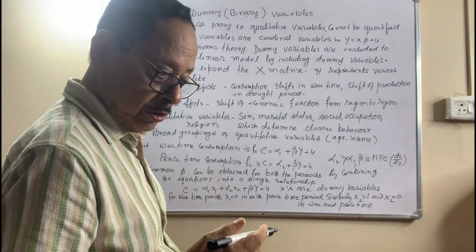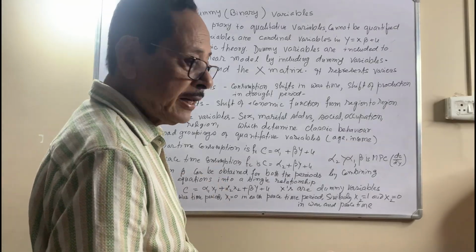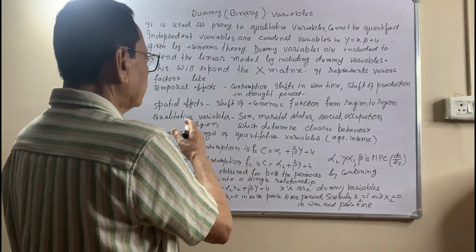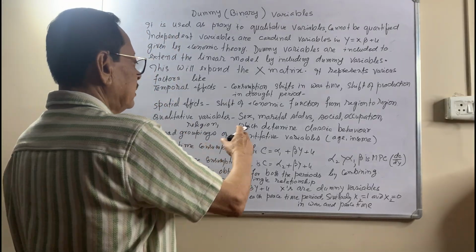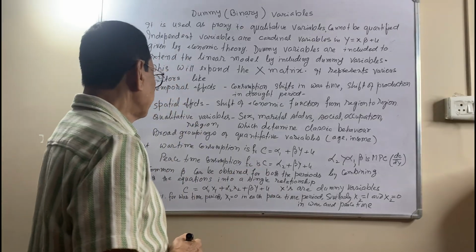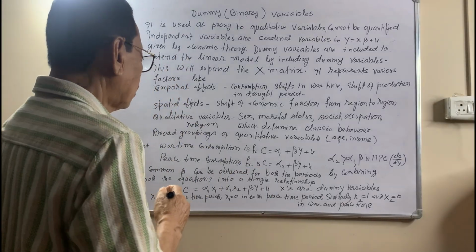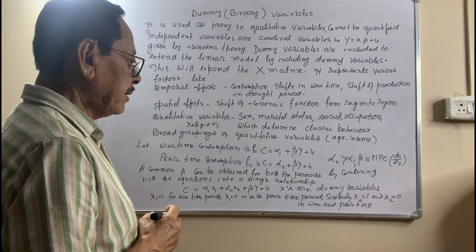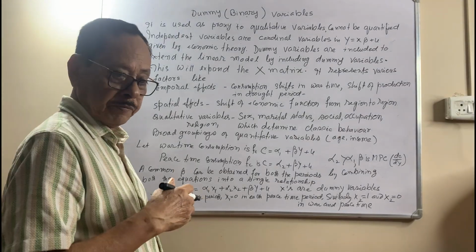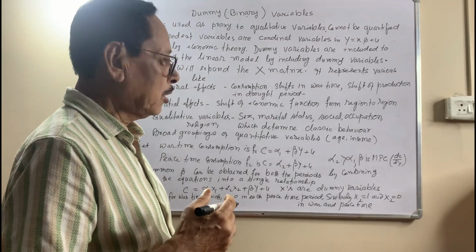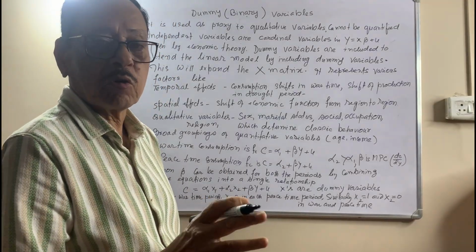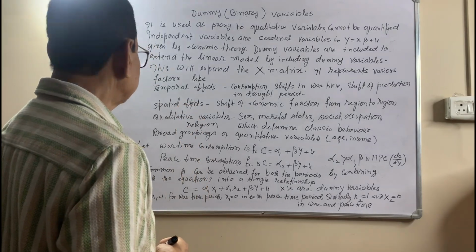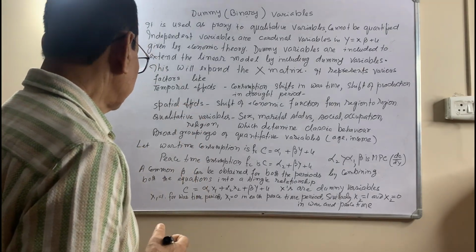Some goods you will find demand is high in one religion and low in another religion, and so on, which determines the class behavior. Then broad groupings of quantitative variables, like studying age separately or using income separately. If we group them, then also we can use dummy variables.